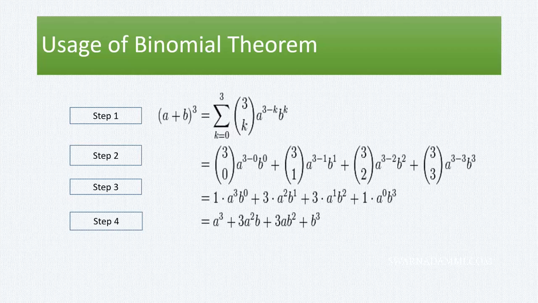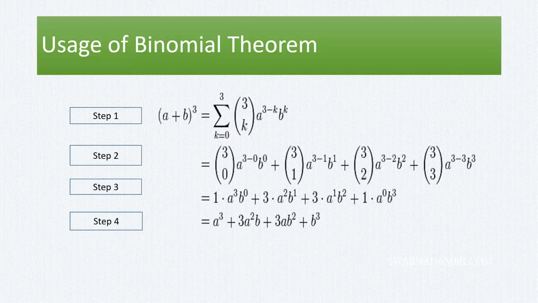Finally, we have come to the end, that is step 4, that is equal to a to the power 3 plus 3a squared b plus 3ab squared plus b to the power 3. So what we have so far done, we have used the binomial theorem and applied it to the binomial expansion.